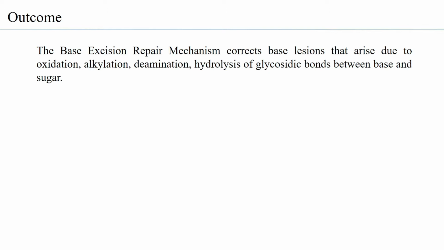So, uracil in the DNA is an unwanted base or an abnormal base, and hence that should be corrected. Or say, for example, hydrolysis of glycosidic bonds between the base and the sugar to give rise to what is called as abasic site. So all these DNA lesions, base lesions, are addressed by the base excision repair mechanism.